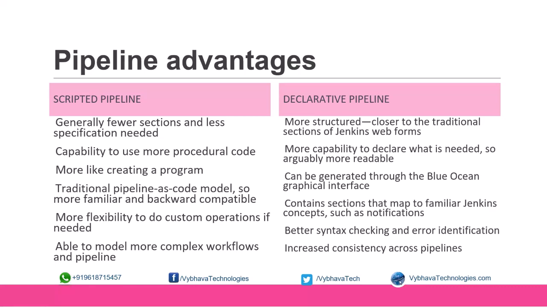So what is connected where and what is the status, all those things will be visible in the Blue Ocean graphical interface. And even in the Jenkins UI also, you can view that declarative pipeline status. Okay, so that is about the comparison advantages between the scripted pipeline and declarative pipeline.